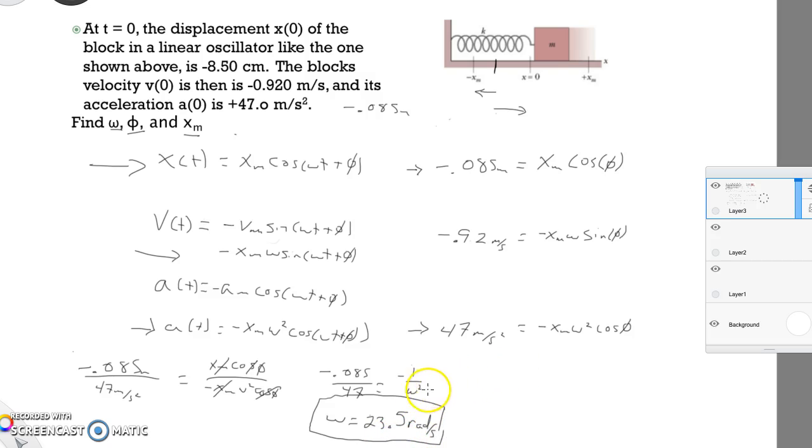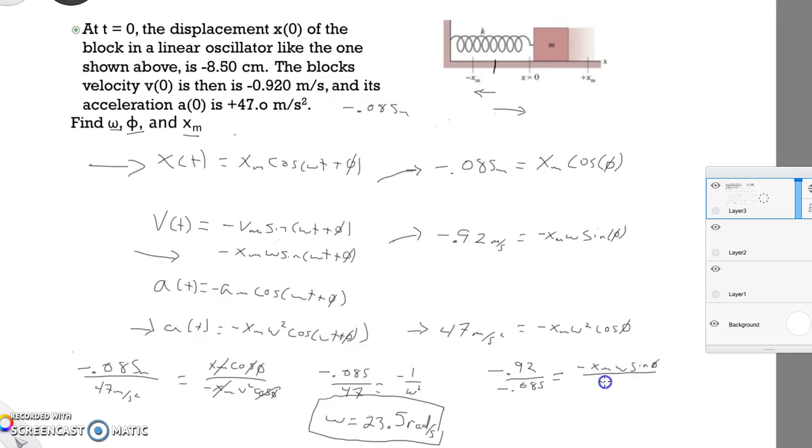Alright, the next thing we can do is use this to find phi. Okay, so we're going to divide two more equations. This time we're going to divide our velocity equation by our position equation, because if we divide sine over cosine, we get tangent. Okay, so negative 0.92 over negative 0.085 equals negative x sub m omega sine phi over x sub m cos phi.